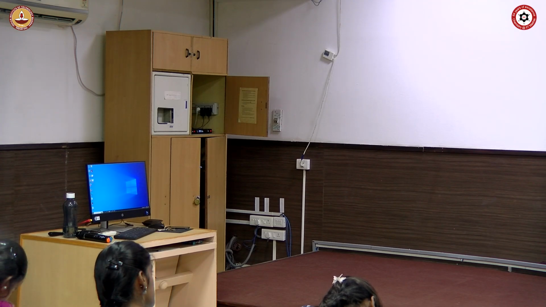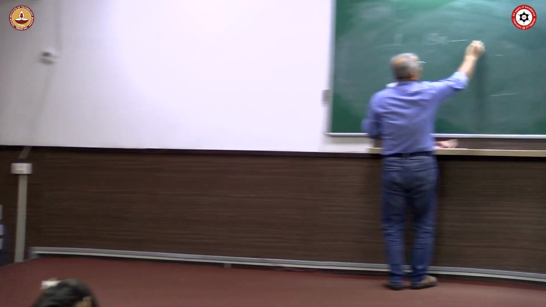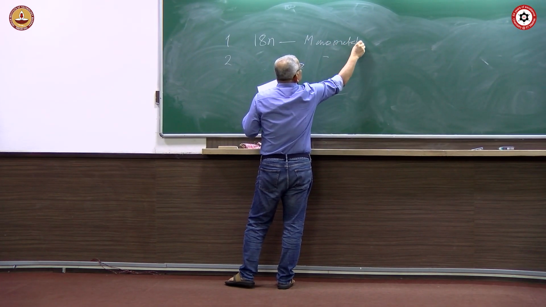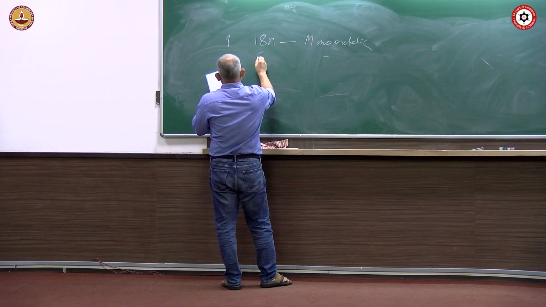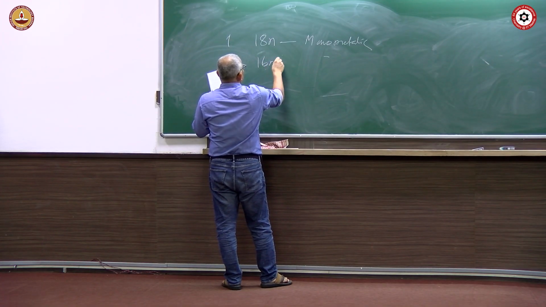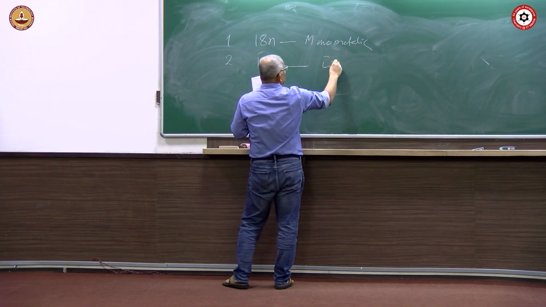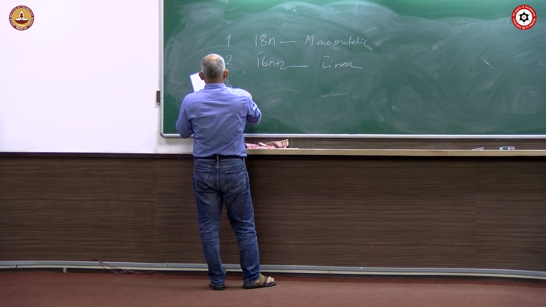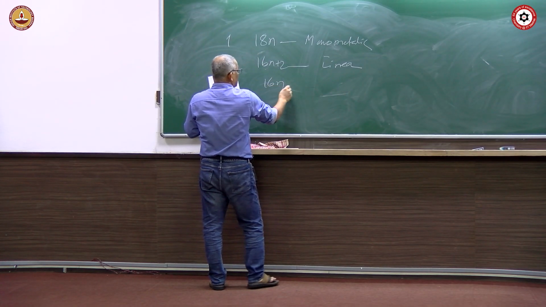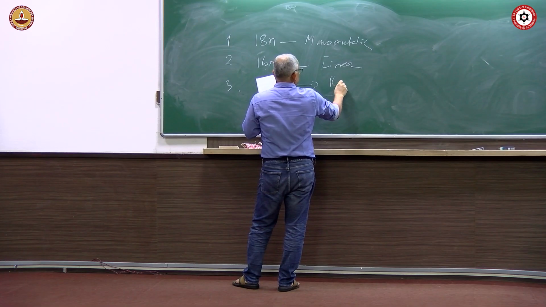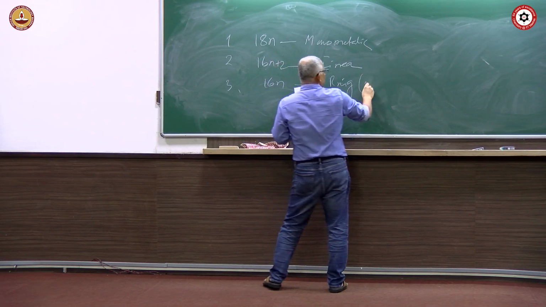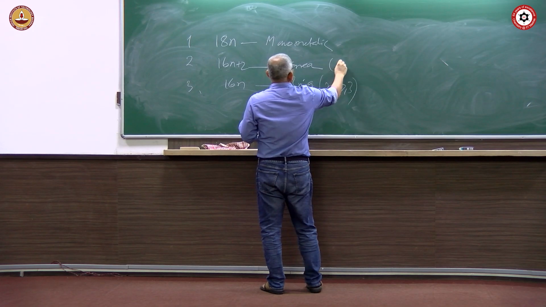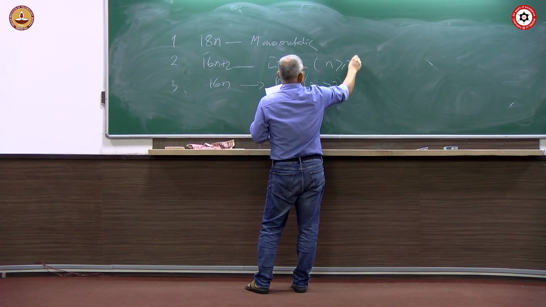If you have a monometallic compound, then you have 16n plus 2 for linear, then you have 16n for a ring compound in which n is greater than or equal to 3, n greater than or equal to 2.